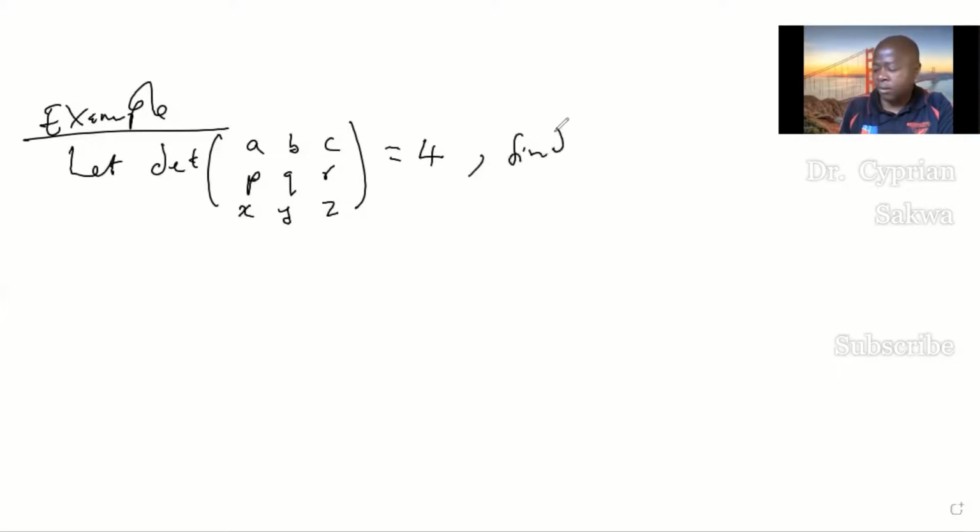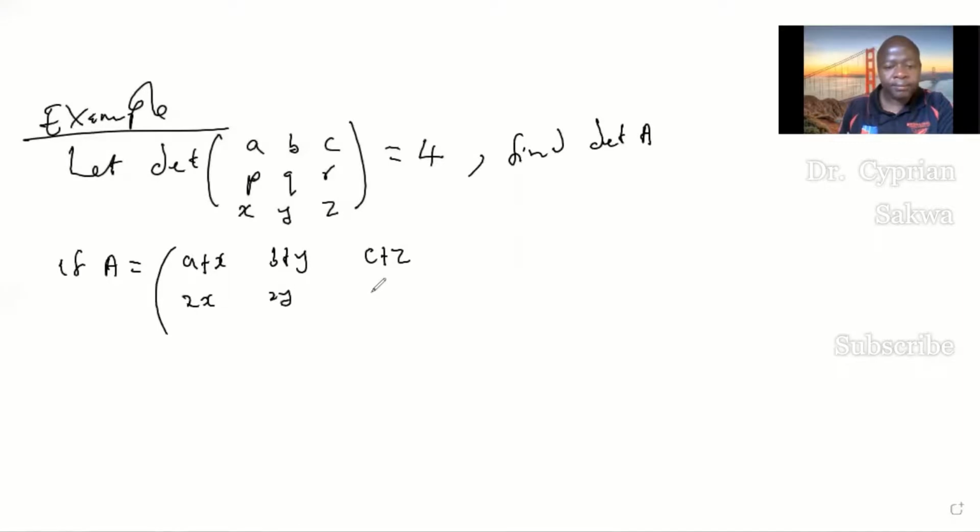Find the determinant of A if A is the matrix with rows A plus X, B plus Y, C plus Z; 2X, 2Y, 2Z; negative 3P, negative 3Q, negative 3R.